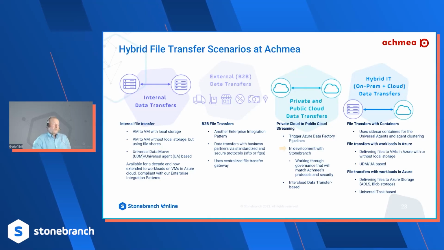File transfer with workloads I already mentioned to you in my previous slide. We do that from a VM deployed in our on-prem environment, but we can address the Blob Storage or the Data Factory from within that.